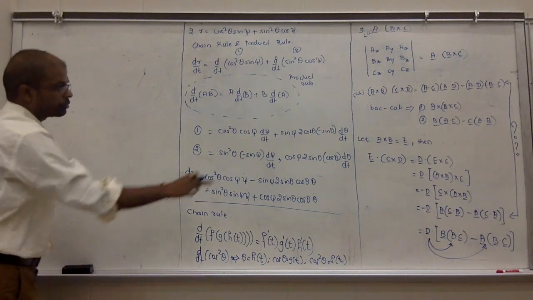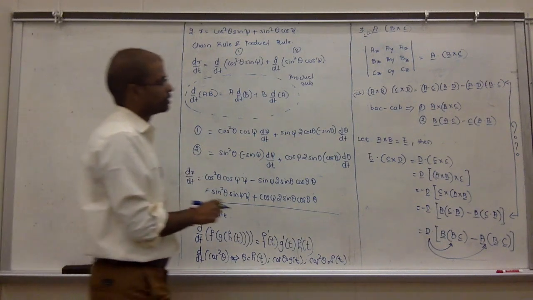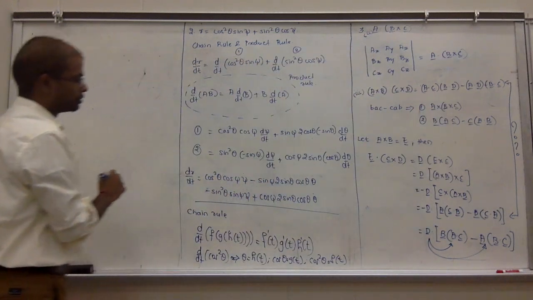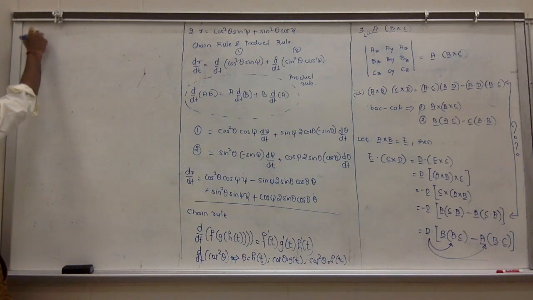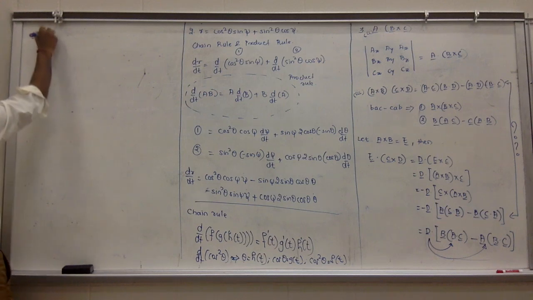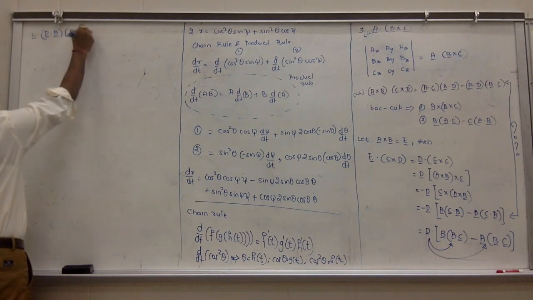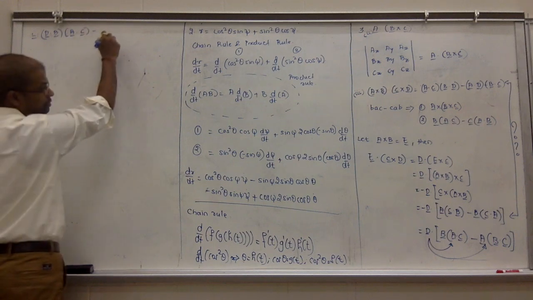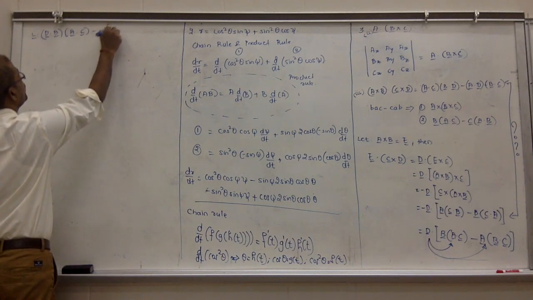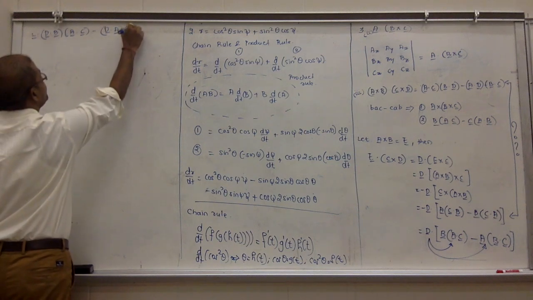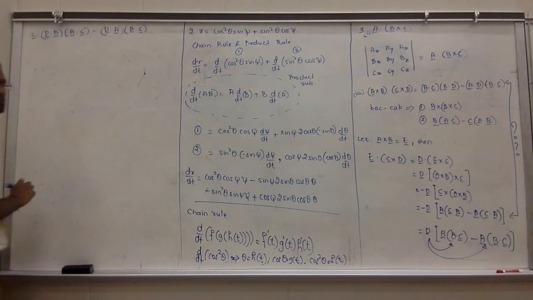Alright, so once you distribute that, you have your answer. You see it? A dot C, B dot D. Right? So you're going to have B dotted with B, A dotted with C, minus B dotted with A into B dotted with C. Okay?